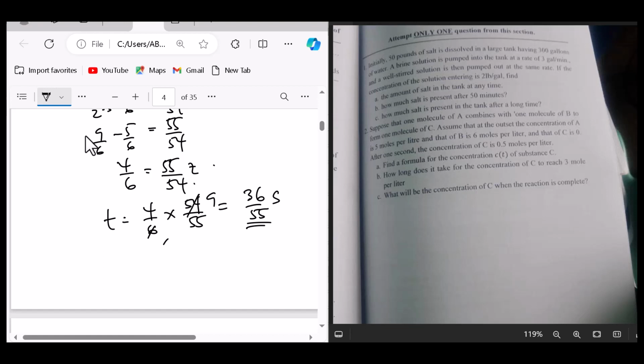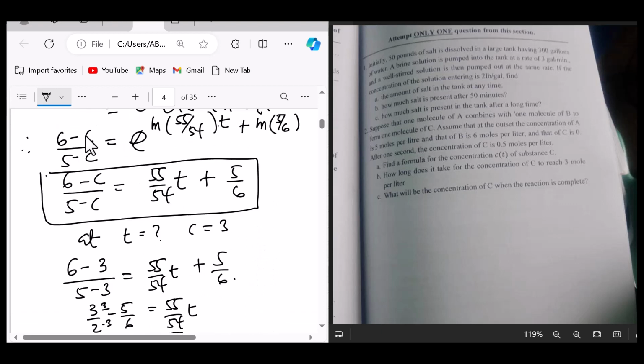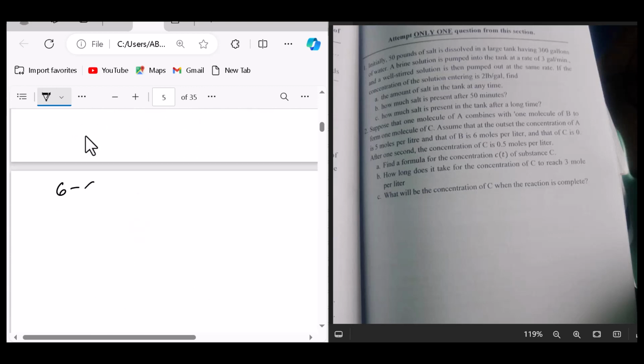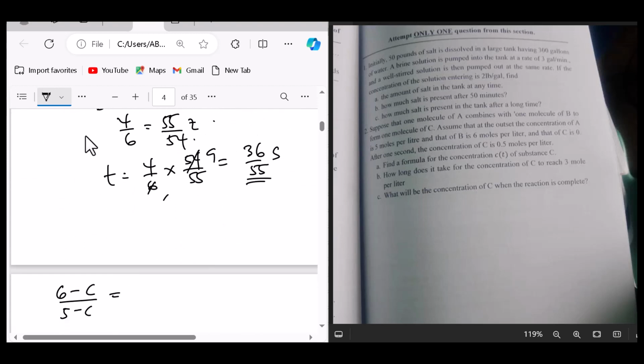What will be the concentration of C when the reaction is complete? It simply means that you take the limit as t goes to infinity of C of t. So that would mean I'll have (6 minus C) all over (5 minus C) equals 55 over 54 t plus 5 over 6.